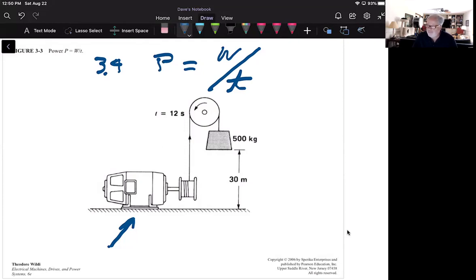Now, we've done that before when we defined work, but what we're going to add to this, and the power equation does this, is this time component. So what we're going to do here is raise this in 12 seconds.